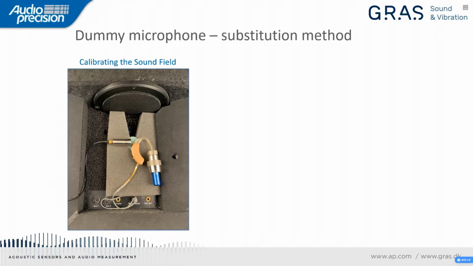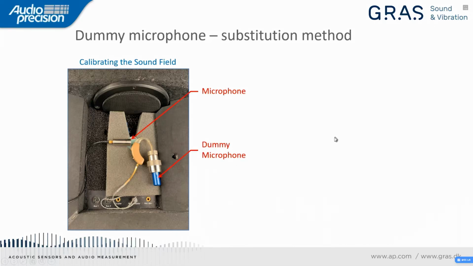Now, that's, of course, a great way to do things, but it requires two measurement microphones and a two-channel audio analyzer. And as much as we would love to sell you twice as many microphones and two-channel audio analyzers, you can do these measurements with a single microphone using what's called the substitution method.